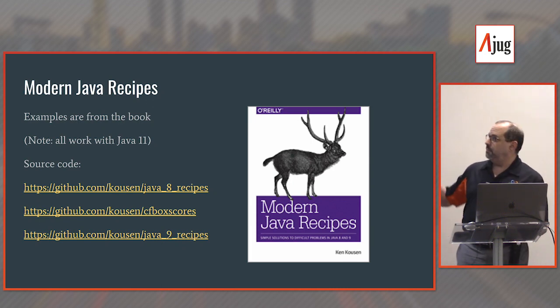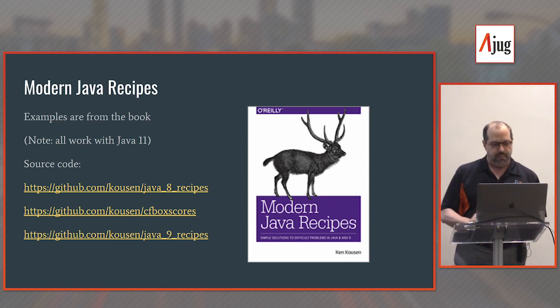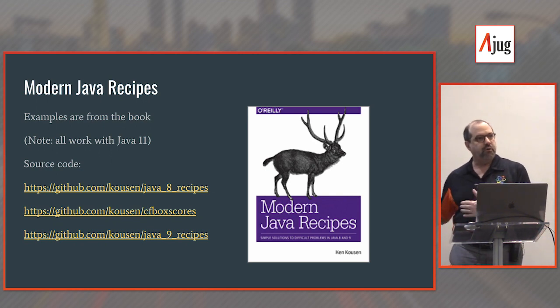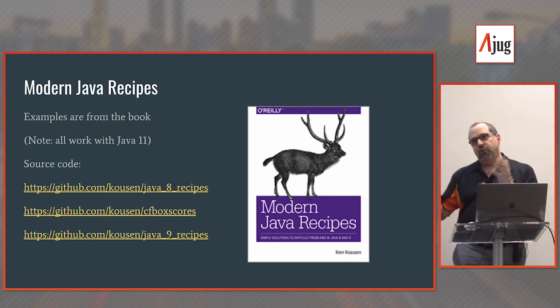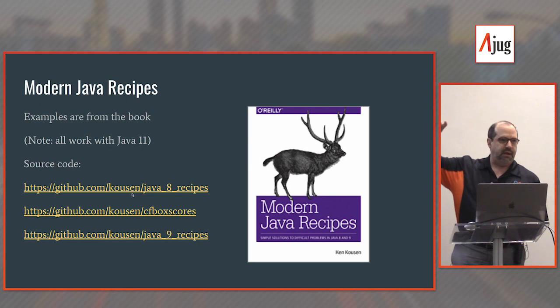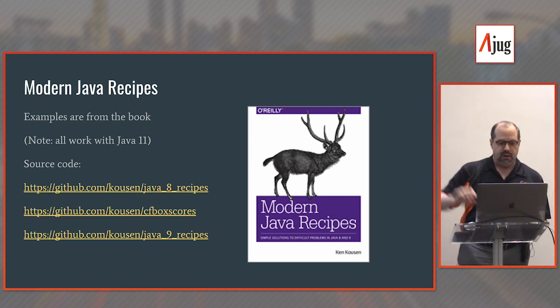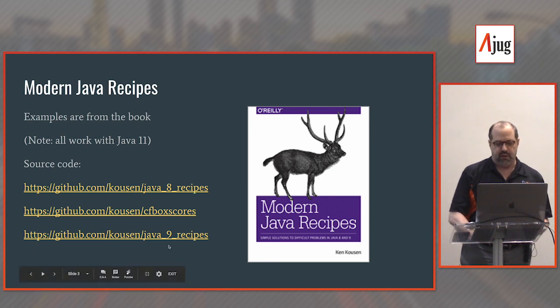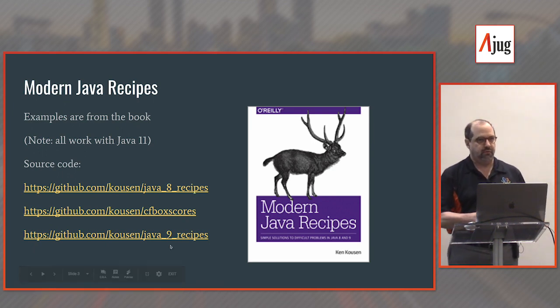Now, I'm bringing this up not to try to sell it to you, but to tell you that I have a couple of GitHub repositories where I'm going to pull code from. My GitHub account is under my last name, Kousen. So these are both github.com/Kousen. One says Java_8_recipes, and one says Java_9_recipes.